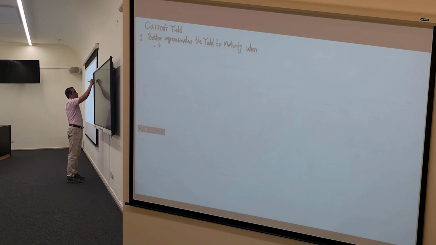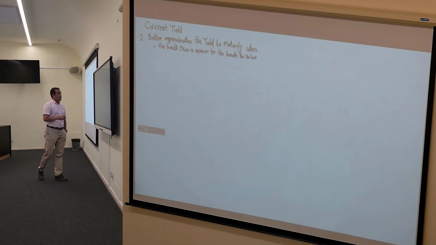So if the bond's price is nearer to the bond's par value, the current yield would be a better approximation for the yield to maturity.